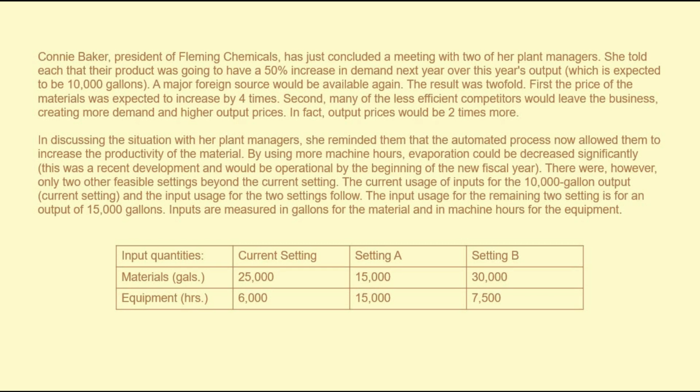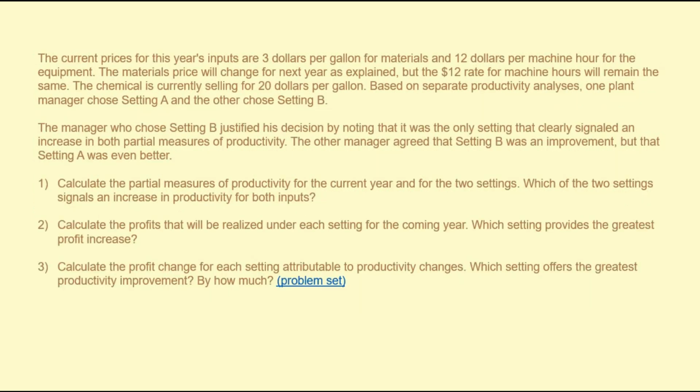For the current setting, materials is 25,000 gallons, equipment or machine hours is 6,000. For setting A, the materials are 15,000 gallons and machine hours is 15,000. And for setting B, materials is 30,000 gallons and machine hours is 7,500.